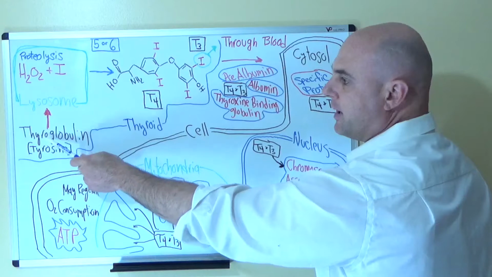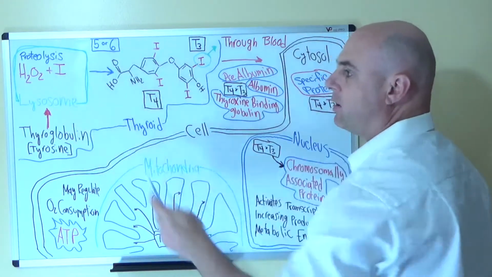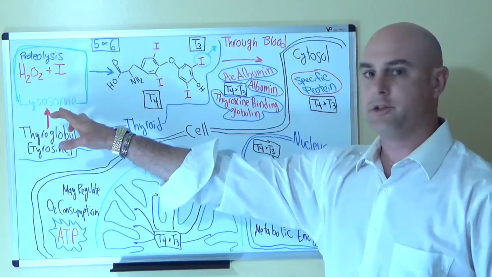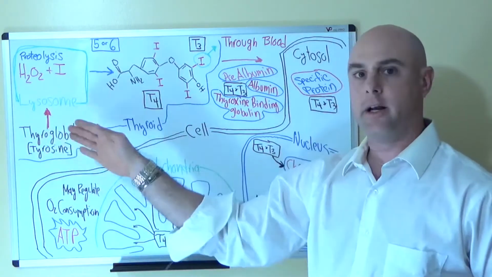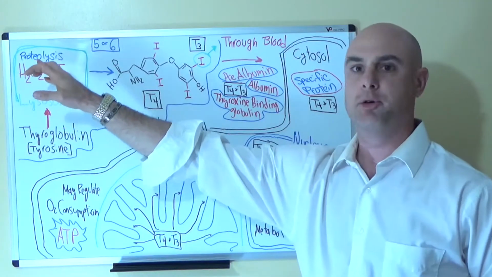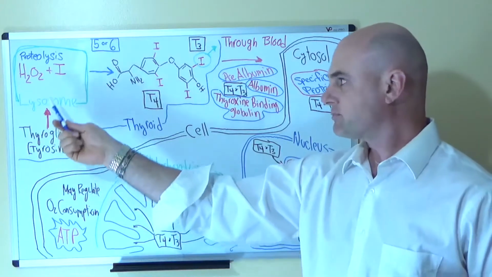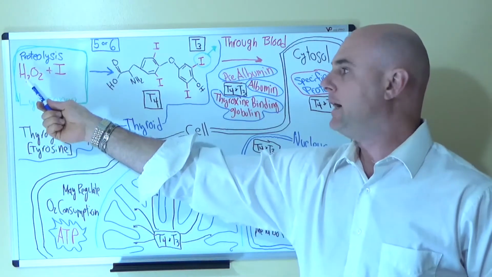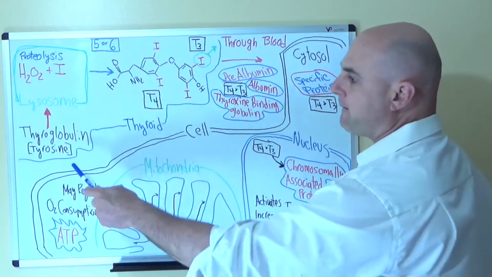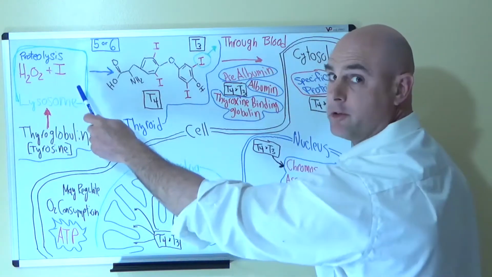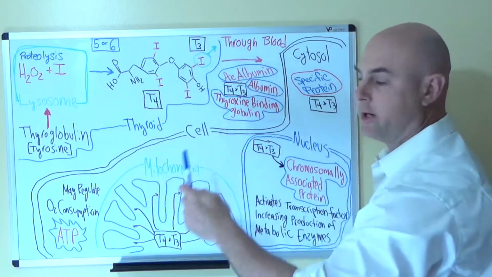So thyroglobulin, again in the thyroid, goes into the lysosome, which is an organelle in pretty much most cells, and it's cut up through a process called proteolysis, and lysis means to break apart or to cut, with the help of hydrogen peroxide, which is H2O2, and this is where also the iodine is added for the T4 and T3.